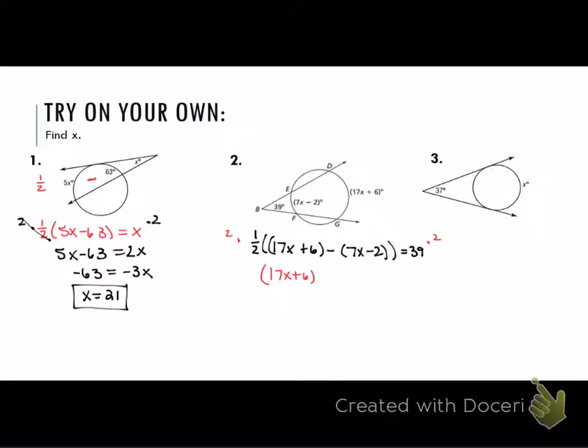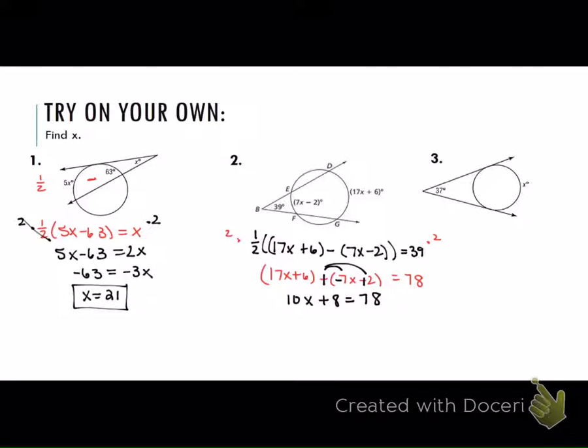This one is 17x plus 6, and the other one is 7x minus 2. So that's 78. Then we have to distribute the negative through, so I get 10x plus 8 equals 78.